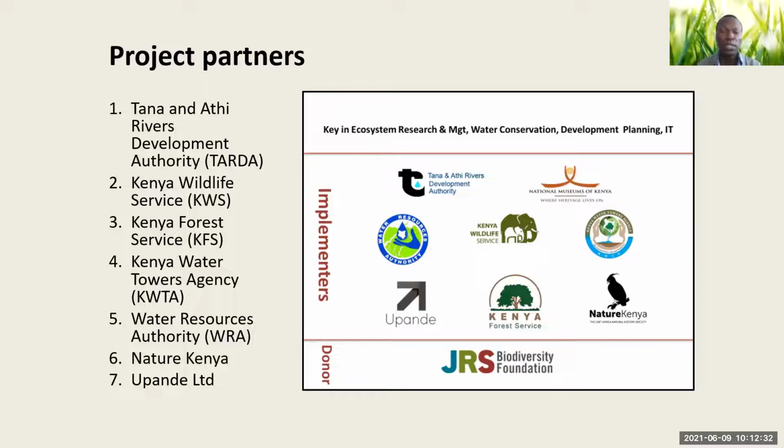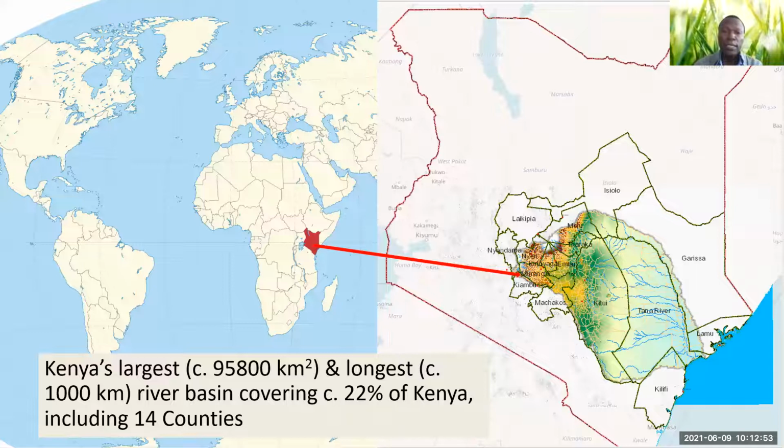And then Water Resources Authority, that's a regulatory agency that deals with water in Kenya. And then Nature Kenya, that's an NGO dealing with the conservation of biodiversity in Kenya, and then Upande, who are our technical partner.